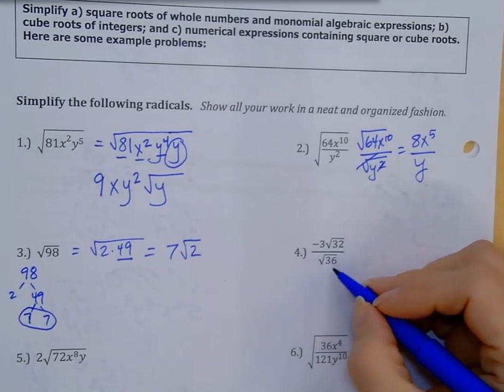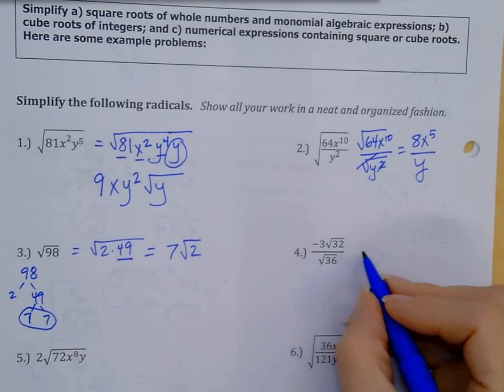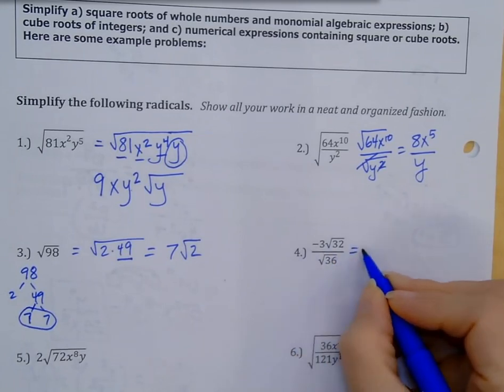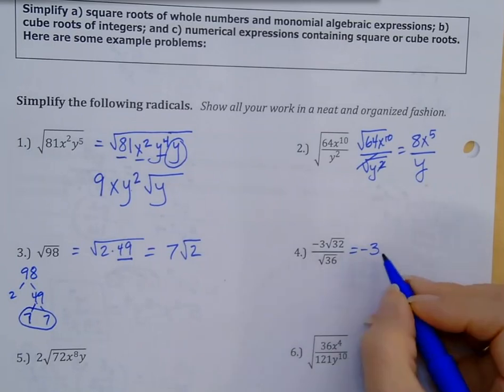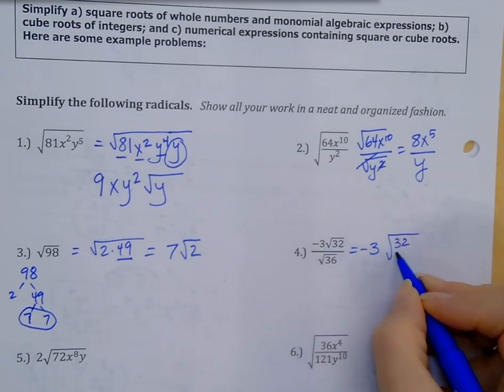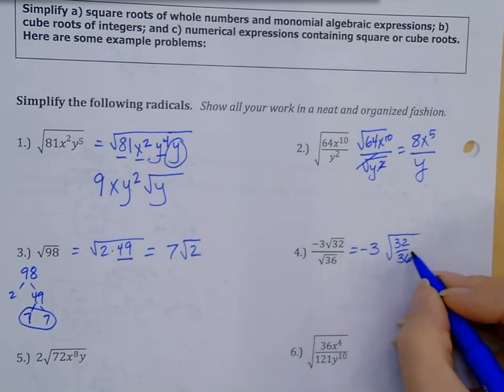All right, number 4. I have a couple different ways that I can do this. I am going to pull that negative 3 out. So it's negative 3 times the next thing I'm going to do. I'm going to put the square root of 32 over 36 all in one house. Okay, and then I can simplify.